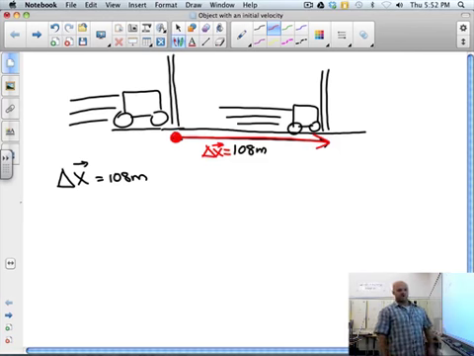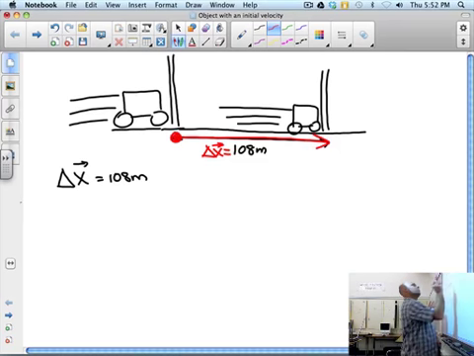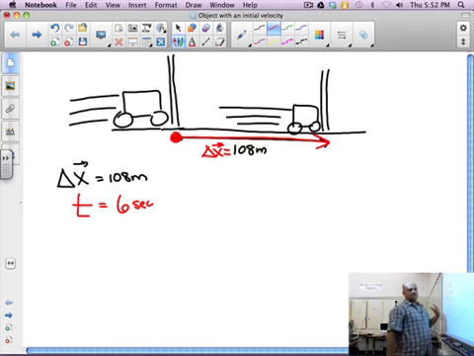All right, and I'll give you a time. Let's say you happen to look at your watch and notice that this event for the car to go 108 meters takes exactly 6 seconds, okay?